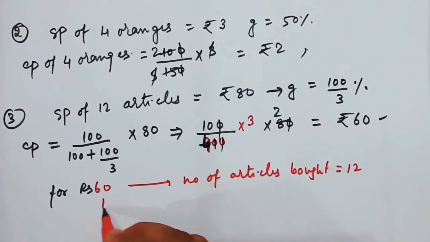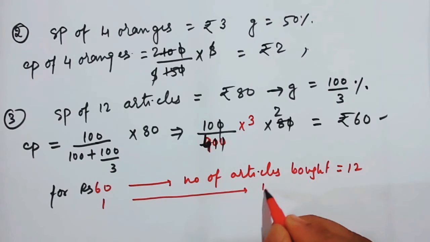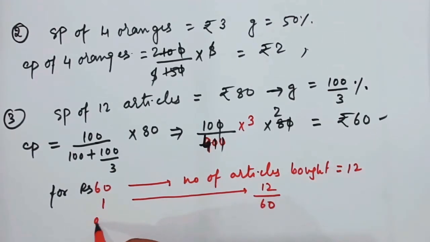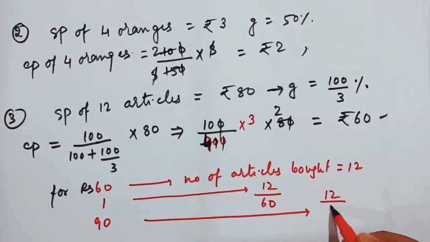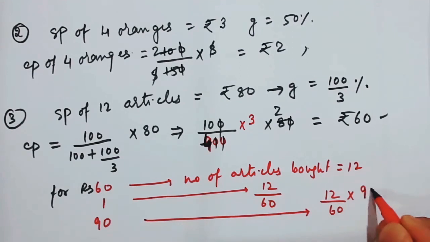So for rupees 1, the number of articles bought will be 12 by 60, and for rupees 90, the number of articles bought will be 12 by 60 times 90. Just solve it.